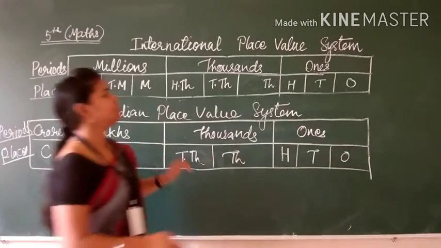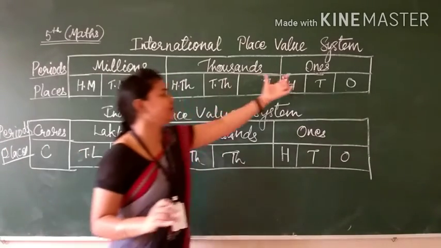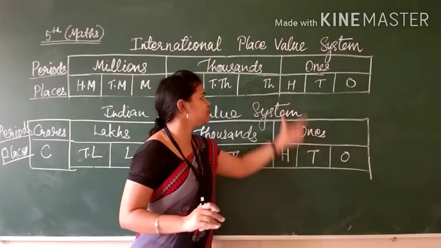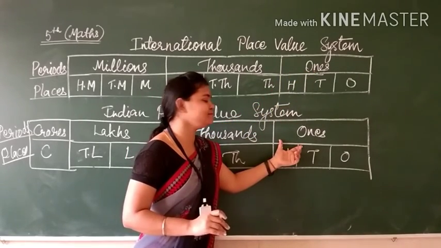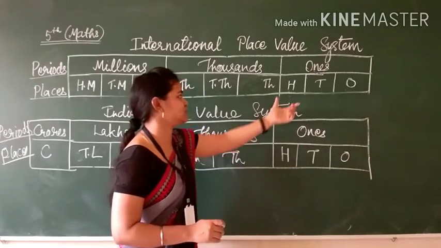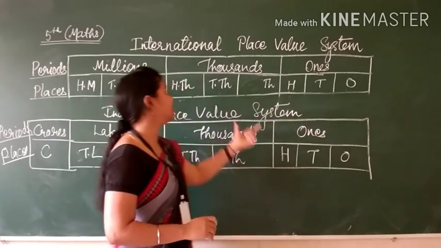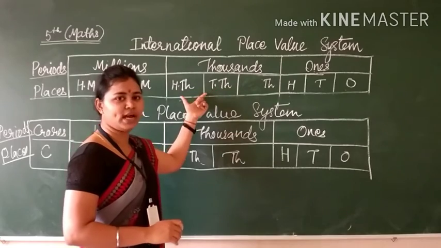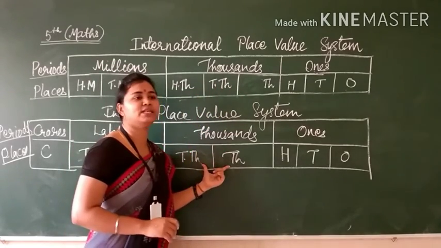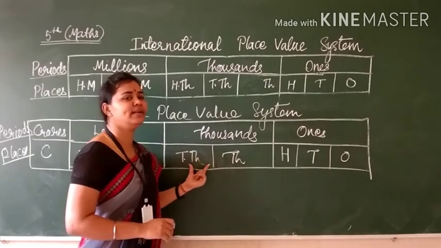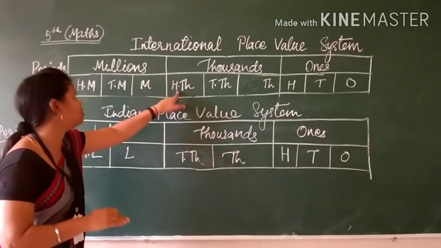So see, now what we have concluded here is that ones is the same in both systems, the International place value system and the Indian place value system: ones, tens and hundreds. In thousands, here 3 places are there, 1000, 10,000 and 100,000. In the Indian place value system it is 1,000 and 10,000 only, but here it is 100,000 also.